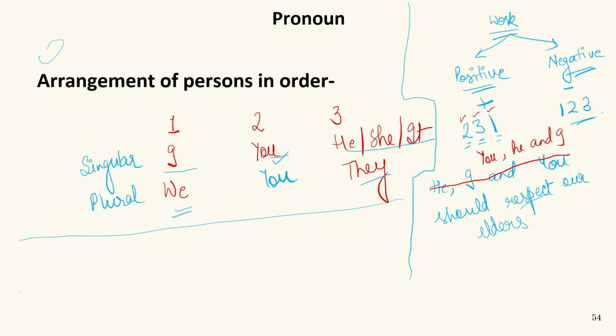What do you need to see? You have to see the work, whether the work done is positive or negative. If it is positive, we will follow the rule 2, 3, 1. But if the work done is negative, we will follow 1, 2, 3.